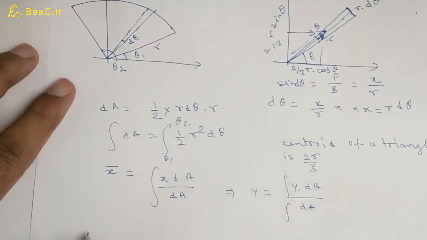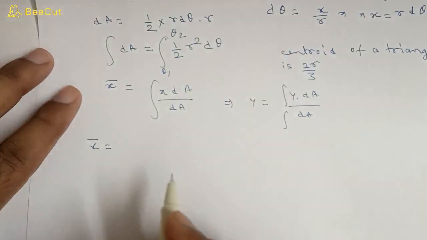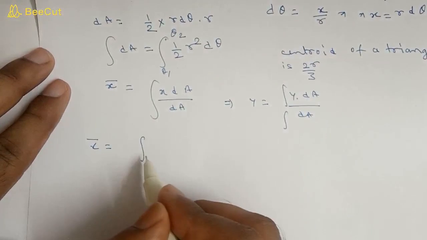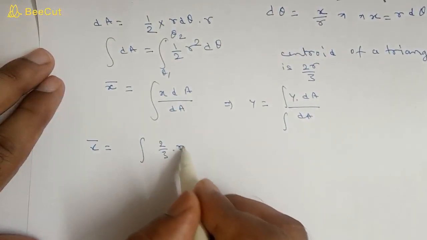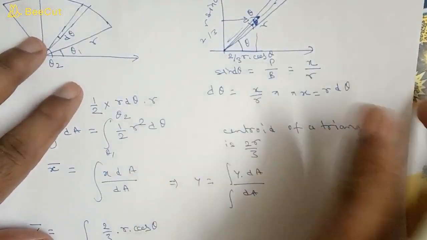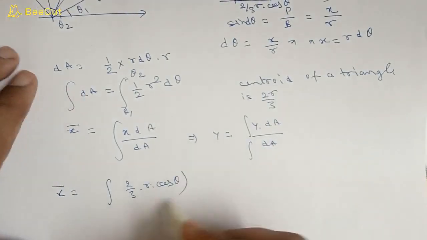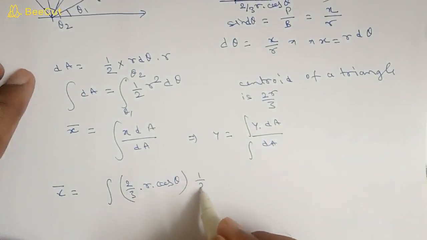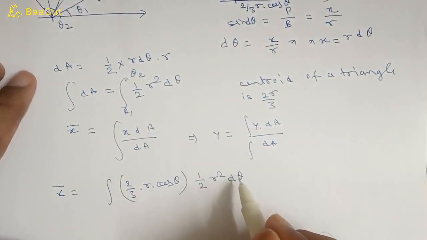So x bar is equal to, what is x? We have x is equal to 2 by 3 into r into cos theta from here, this length, and we have dA is equal to half r square d theta.